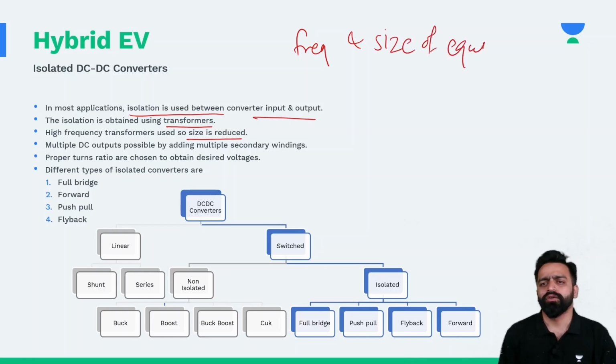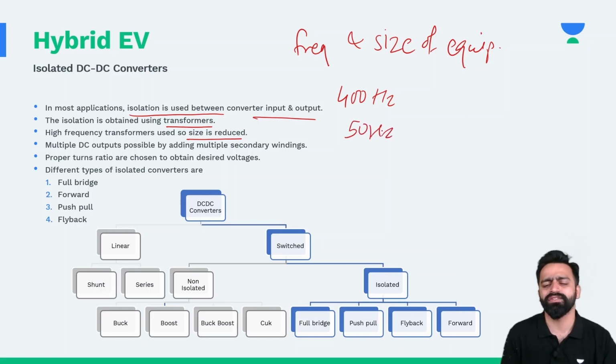You will be shocked to know the supply frequency of aeroplanes, spacecrafts, or the planes which take you from one city to the other. The supply frequency inside the aeroplane is around 400 hertz, and the supply frequency in India for household is 50 hertz. Why is this difference of frequency?